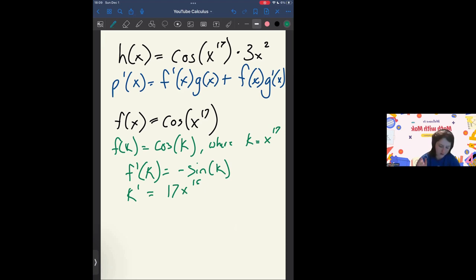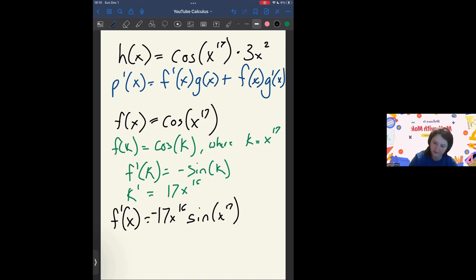So that means that we can deduce that f prime of x, using chain rule, will be 17x to the 16 times negative sine of x to the 17, right?